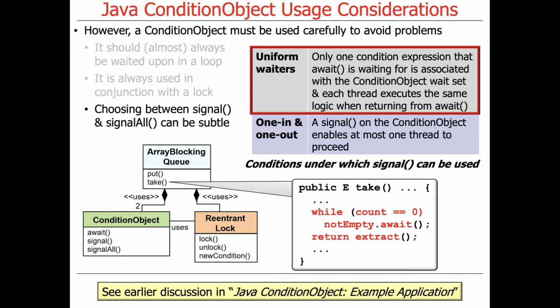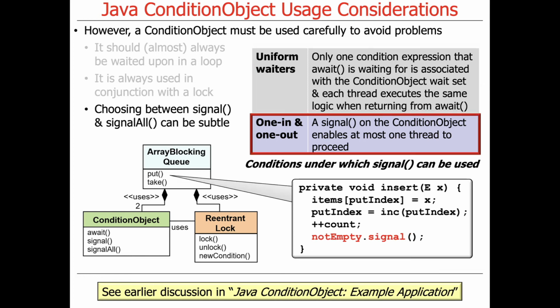For example, we're waiting to see if the queue is not empty. That's one kind of condition. If all the waiters that are waiting on the condition are waiting for the same thing, then you can use signal. And you want one in, one out behavior, which means a signal on the condition object enables at most one thread to proceed. And that's exactly what we want with our array blocking queue.